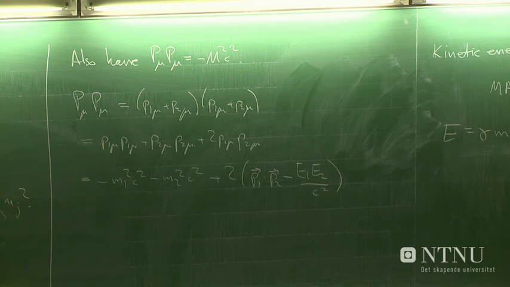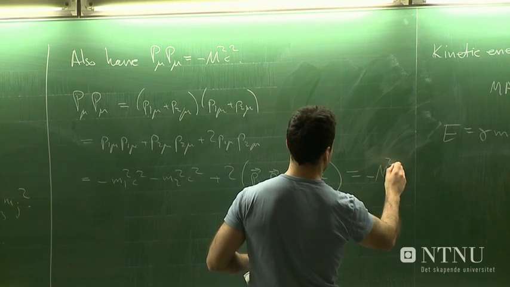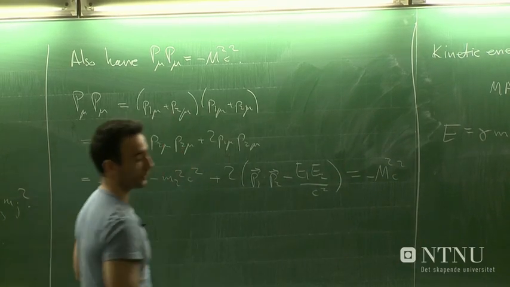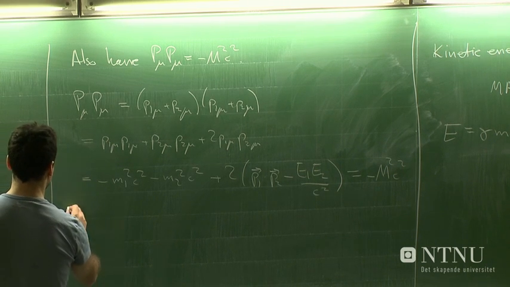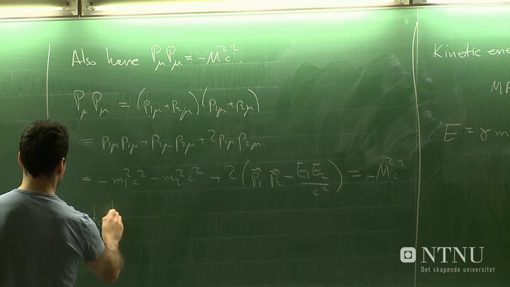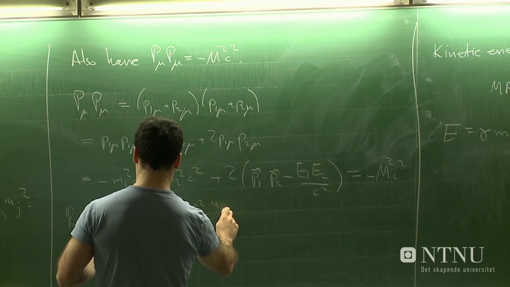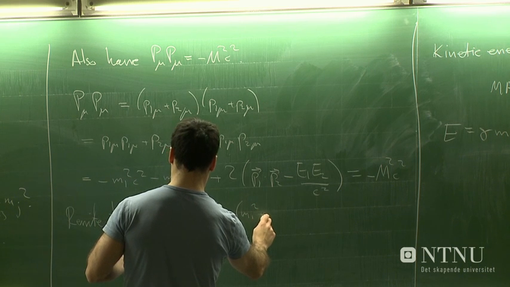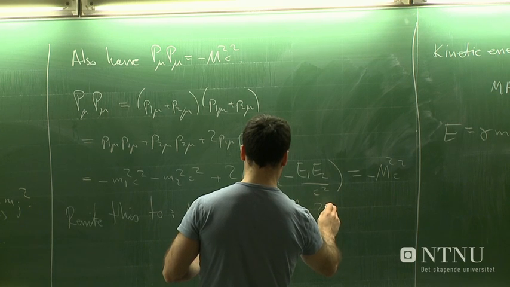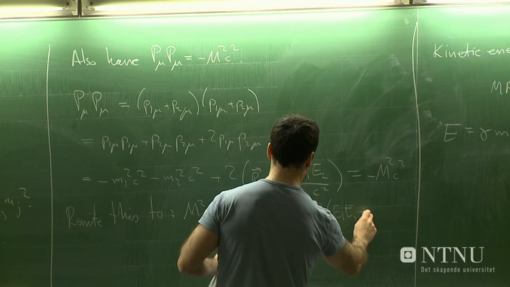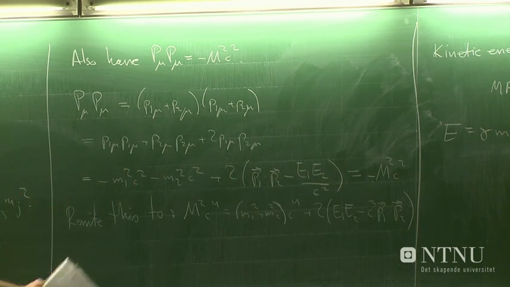So this is the general expression for P mu, and we know that it should be equal to this. So let me rewrite this in the following way.